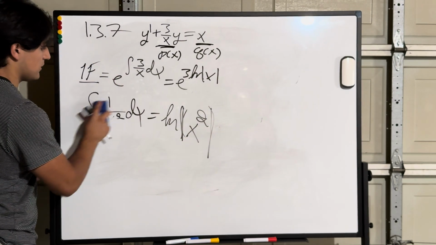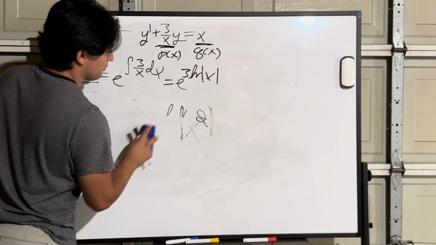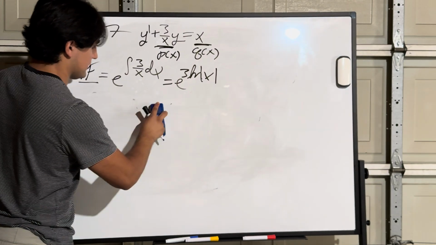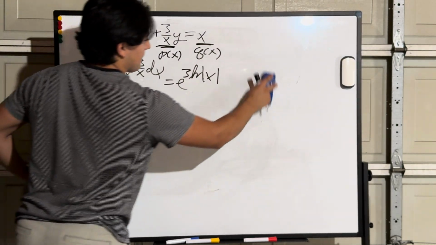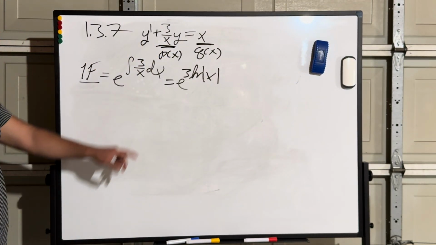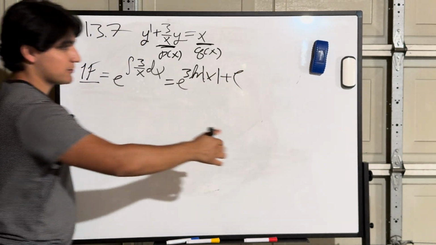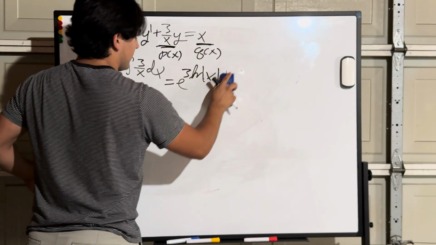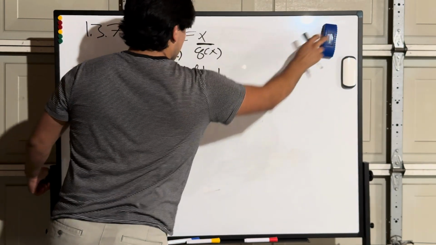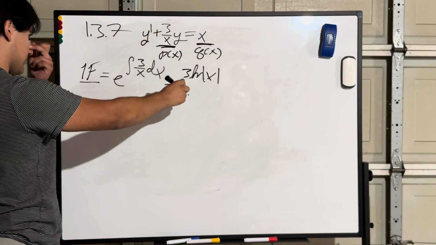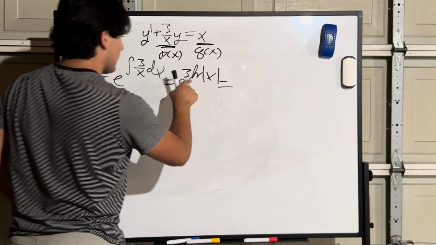So just a quick recap of your previous calculus classes. We will get a plus c, but you can just ignore that because it's arbitrary and you don't need it for your integrating factor.